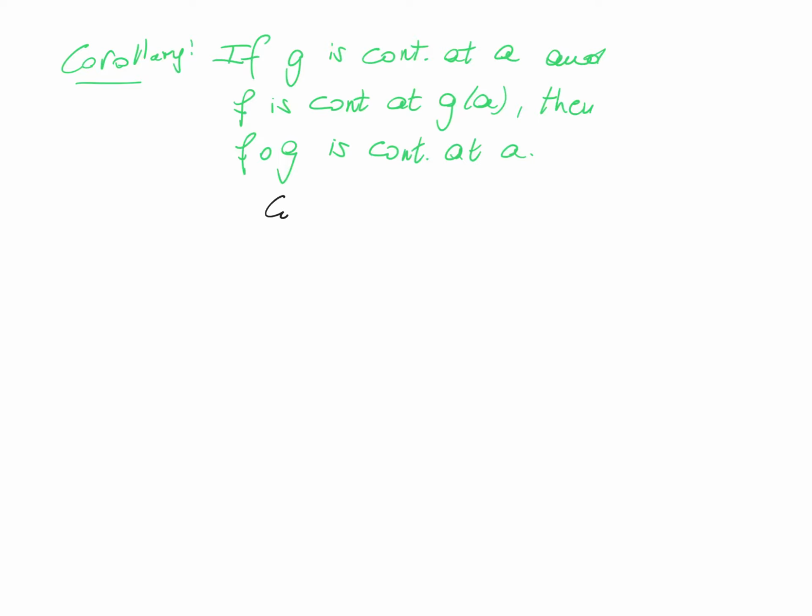The composition of two functions just means that you apply one function after you have applied the other function. The composition is written as f after g. So this circle is just pronounced as "after", f after g.